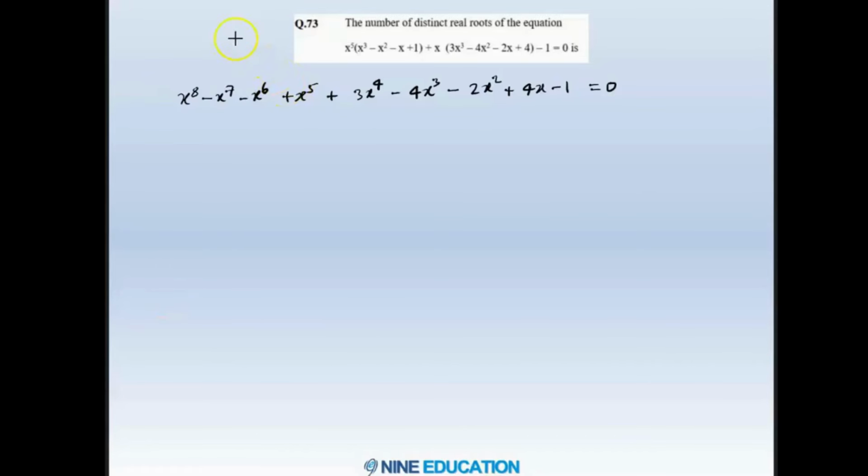So let's figure out, if you put x equal to 1, then it will be 1 − 1 − 1 + 1, then plus 3 − 4 − 2 + 4 − 1. If you observe, 1 minus 1 cancelled, minus 1 plus 1 cancelled, minus 4 plus 4 cancelled, 3 minus 2 is 1, 1 minus 1 is 0. So I have just shown you that x equal to 1 is a root of this entire equation.